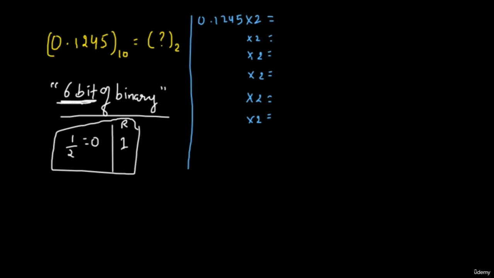So let's start. The first one we are going to get is 0.249. Now multiply 0.249. I have just removed the 0 here because it will not make much sense.